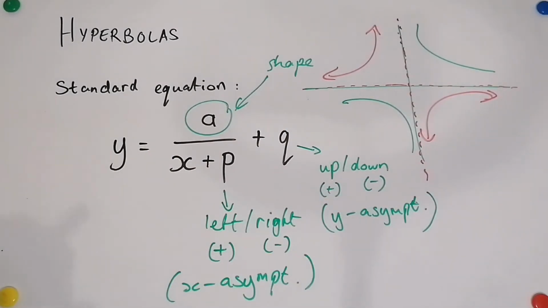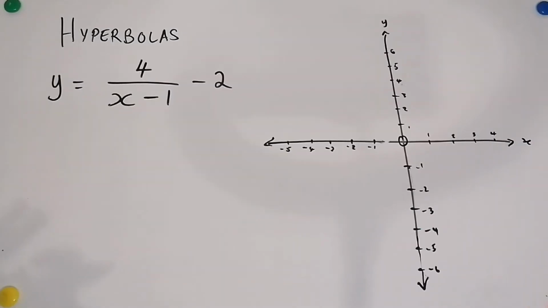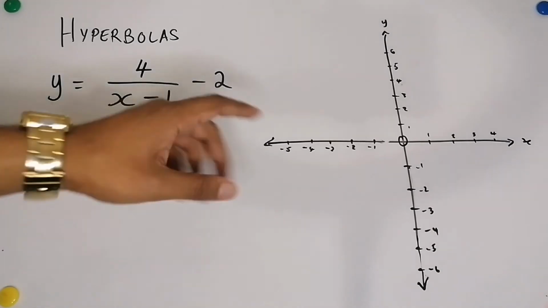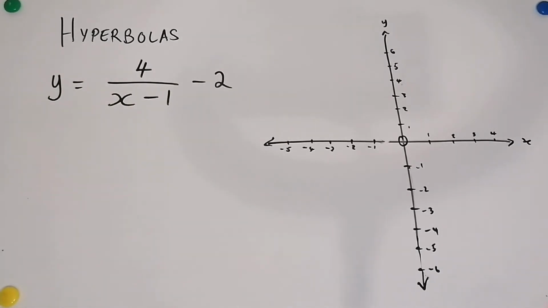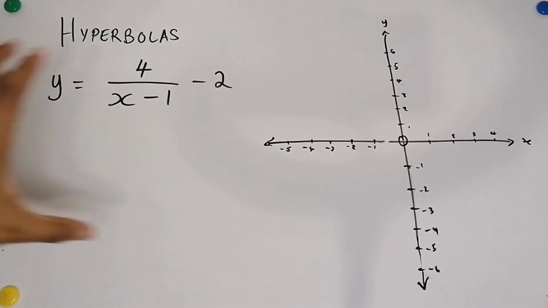in the x-axis or y-axis. Now, hyperbolas are best explained with an example, so I'm going to use an example to do that. So here's our example: y is equal to 4 over x minus 1 minus 2. I'd like you to draw your Cartesian plane next to you, because we're going to be drawing this function.